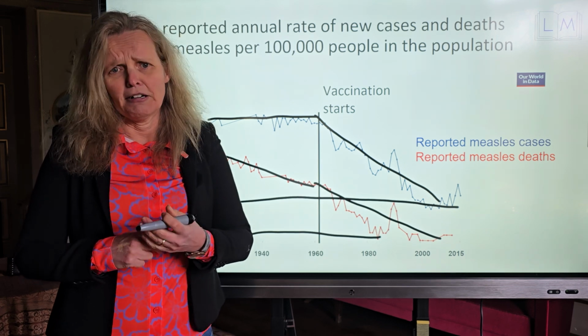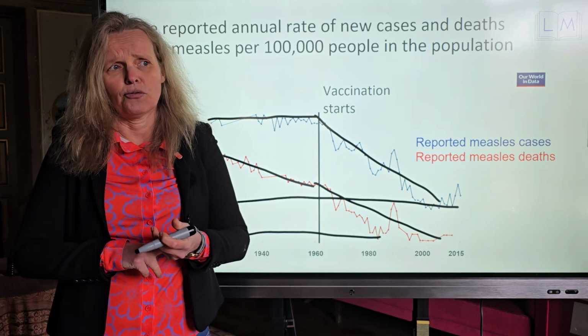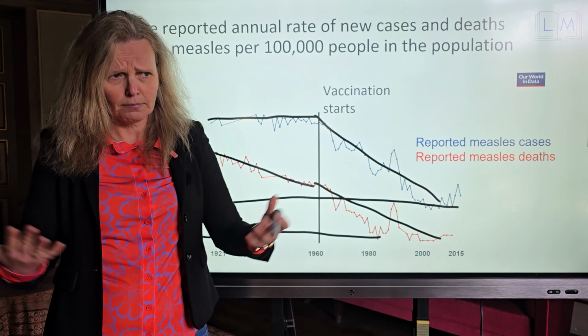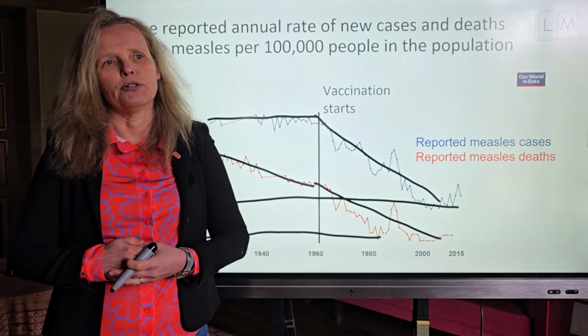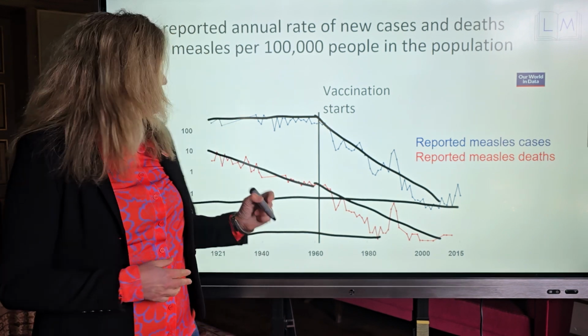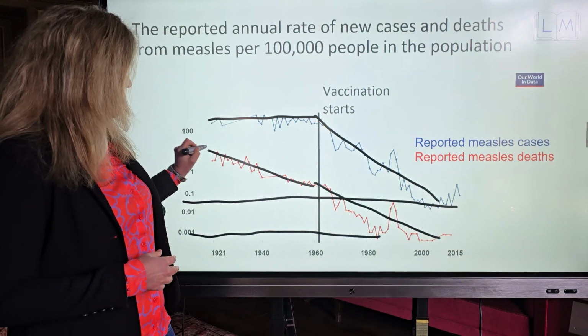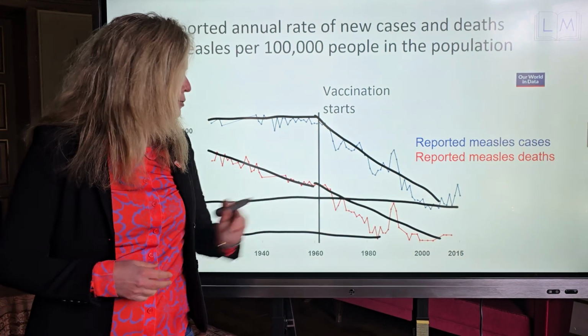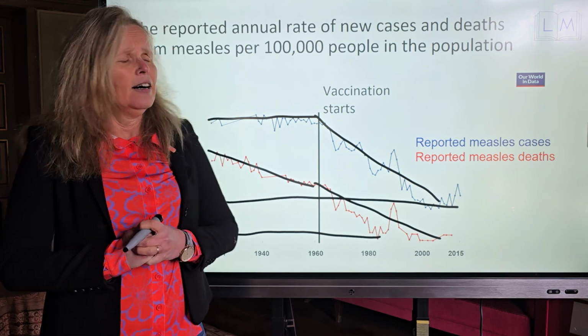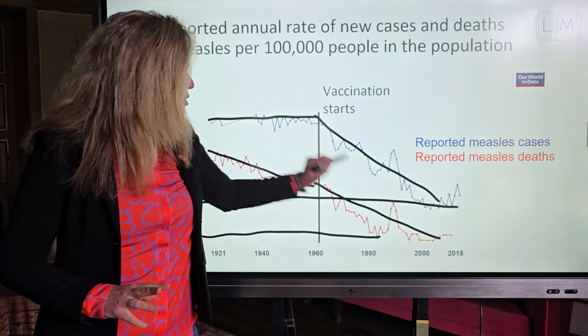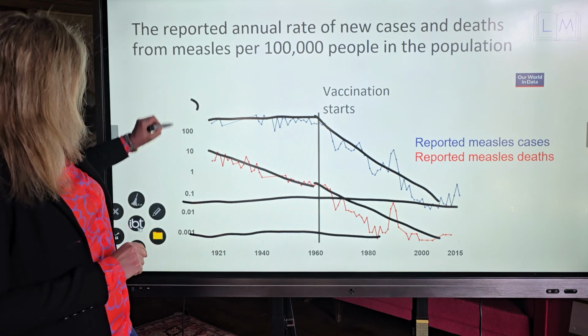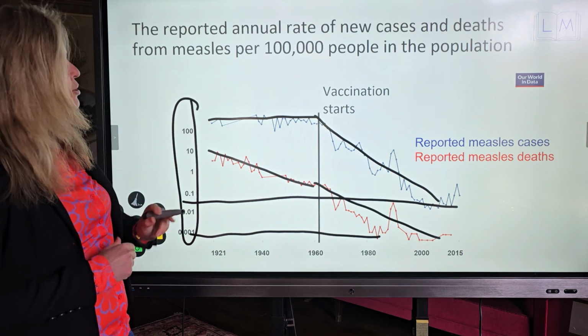And with better hygiene, food, sanitation, that has really improved the survival if you get measles. So you see that downward trend, which goes a little bit further. So yes, it still goes a bit further, but we're still talking about a log scale.